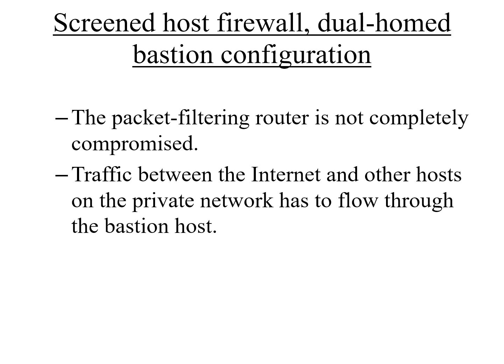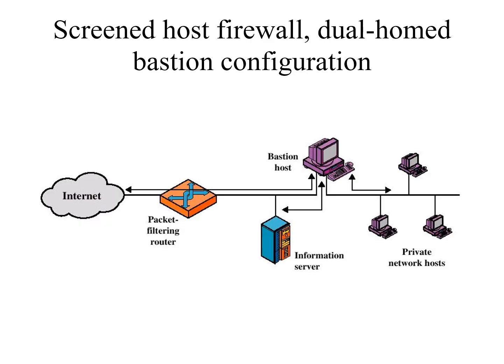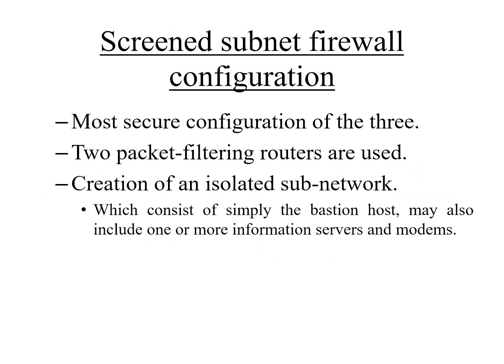This makes sure everything is checked properly before it reaches the network. In short, we can say even if the router is still safe, all the traffic has to go through the bastion host for extra protection. Then this is the diagram of the screened host firewall dual homed bastion configuration.